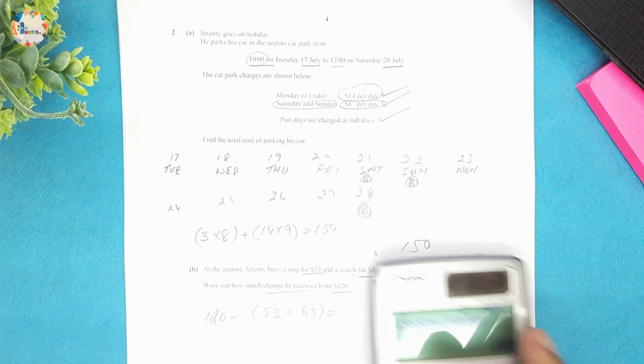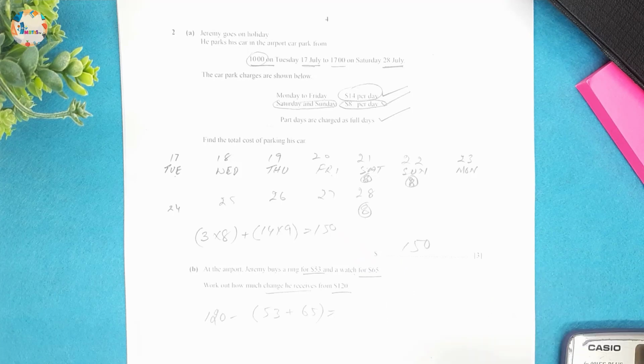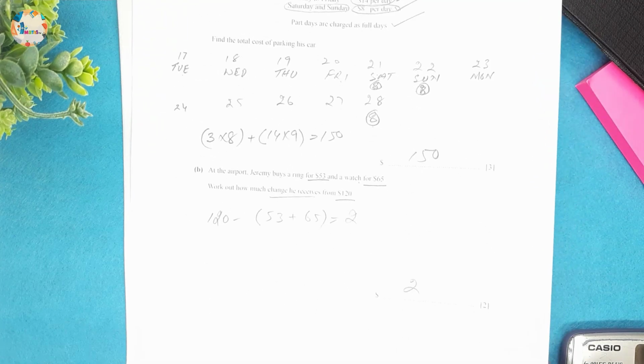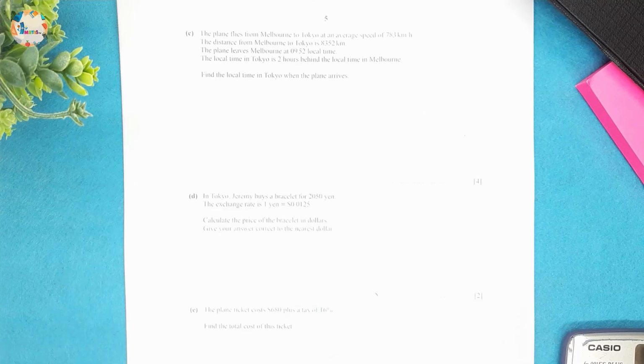So we'll subtract from 120. So 120 minus 53 plus 65, and this will be giving us the answer as 2. So 2 will be the change, $2 change he will be getting back. So this will be our answer, $2 basically.